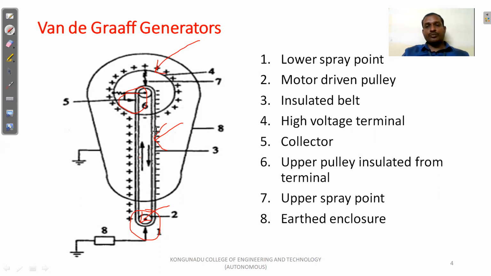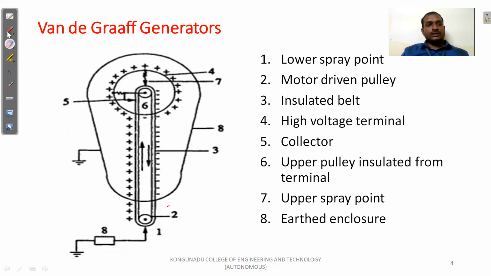The sixth one is the upper pulley, insulated from the terminal, insulated from the high voltage. The seventh one is the upper spray point. The last one is the earthed enclosure. These are the parts of the generator.